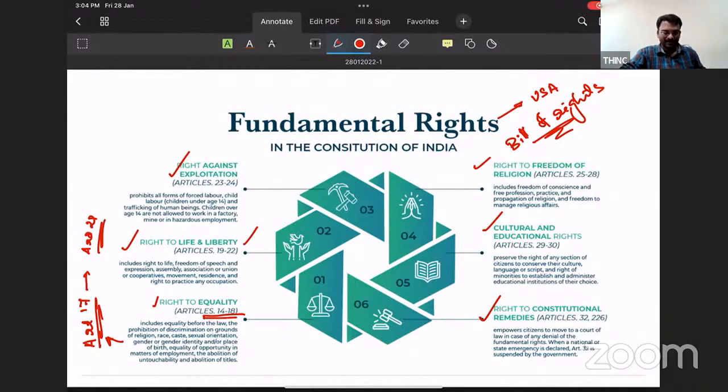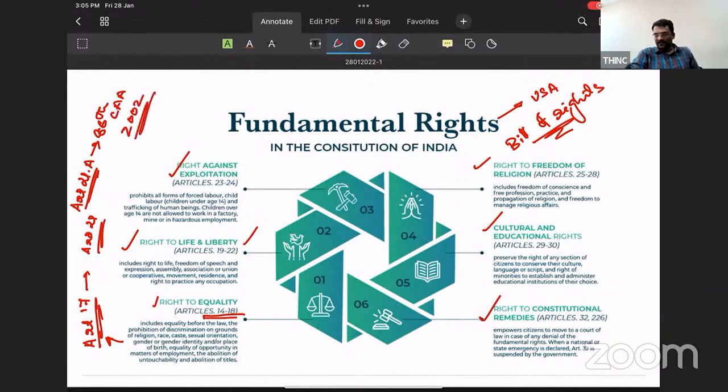Similarly, another important article under the right to life and liberty is the right to education. That is Article 21A, and it was not there in the original constitution. It was added later by a constitutional amendment, the 86th, which came in 2002, I think.